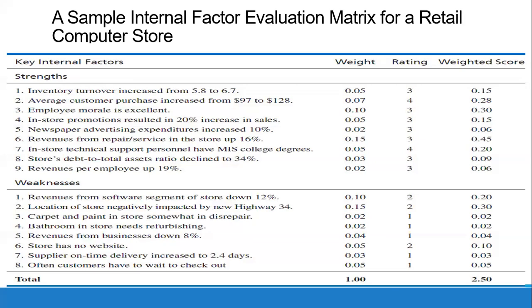So these are the respective internal indicators, and these are their respective weights that have been assigned based on their contribution to organizational success. And these are the ratings from 1 to 4 that have been assigned to them as far as a retail computer store is concerned. And their respective weight scores are also found here.